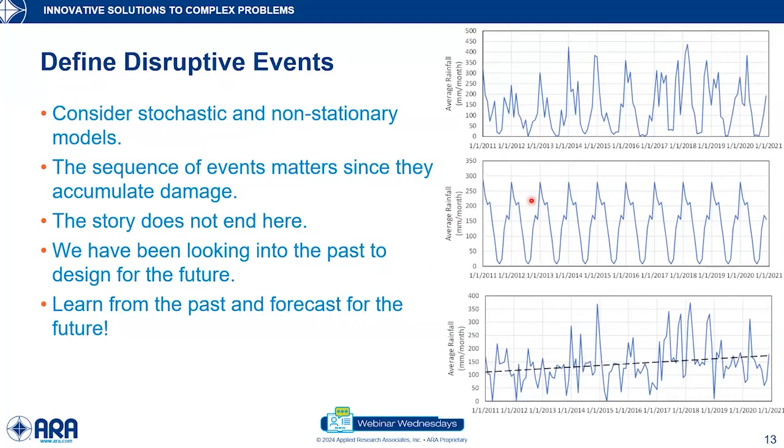The current models do not necessarily account for all the details. They account for some variability and some changes. There are ongoing projects, one of them with ARA and some other entities, that are looking at improving climate models.